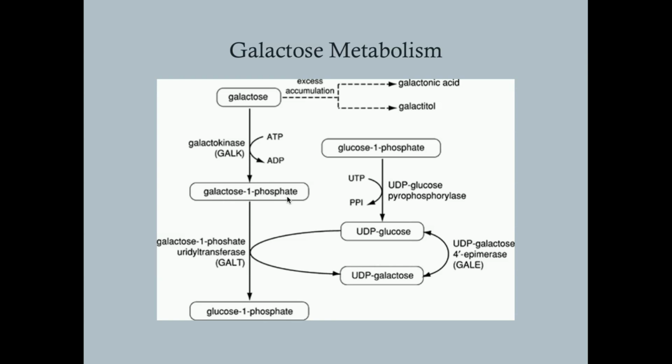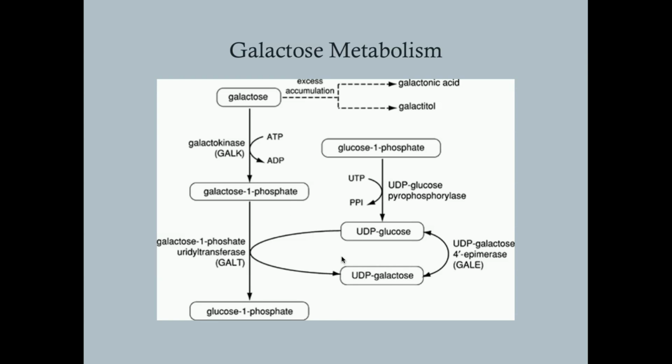From galactose 1-phosphate, we have a very interesting mechanism here. So there's a phosphate on the galactose, and then there's a sugar that has a UDP, and that's UDP glucose. And there's this enzyme called GALT. And all it does is it exchanges the UDP and the phosphate. So we go from galactose 1-phosphate to UDP galactose.